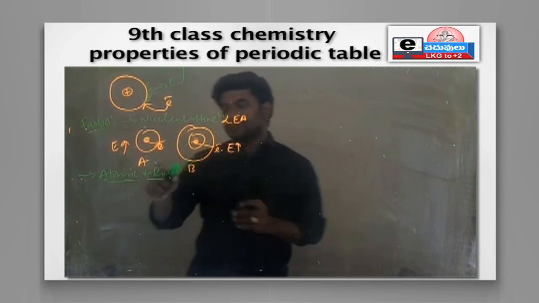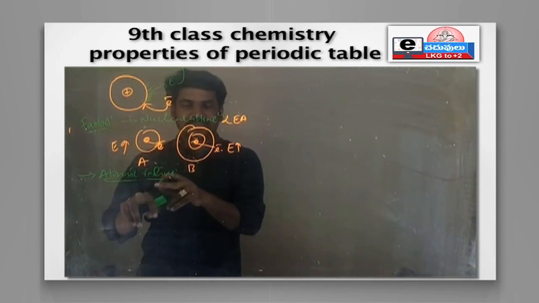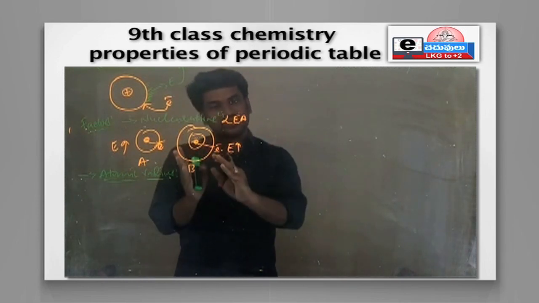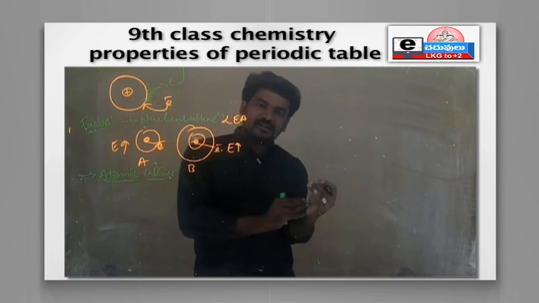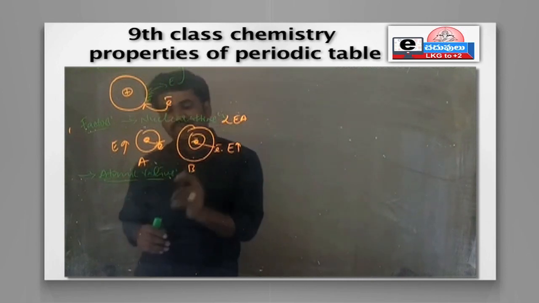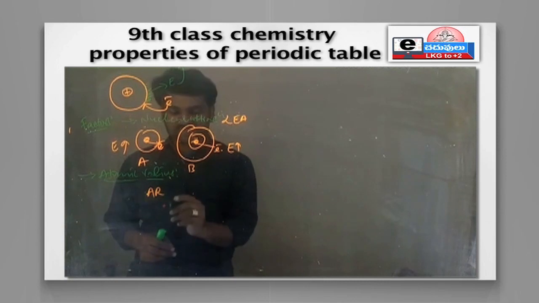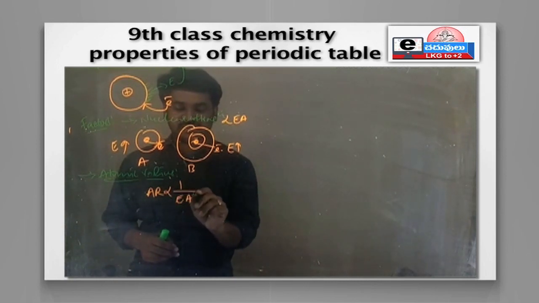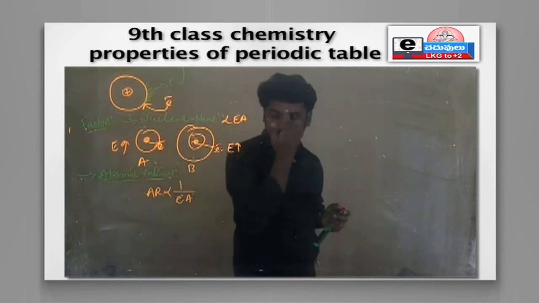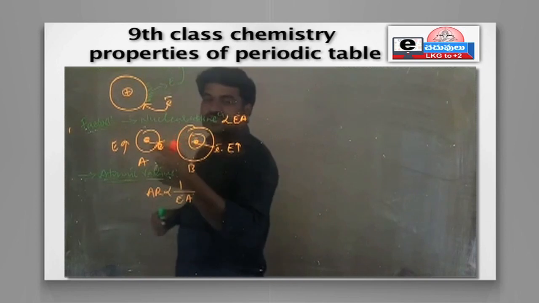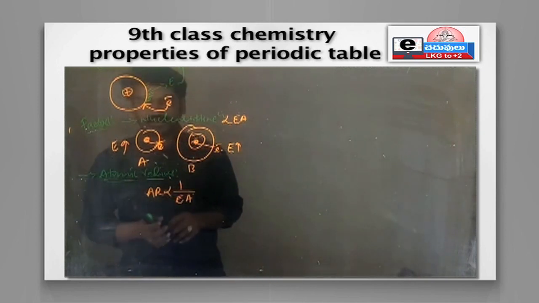That is, if the atomic radius is less, more electron affinity will be released. If the atomic radius is more, less electron affinity will be released. Now you can say that atomic radius is inversely proportional to the electron affinity, right? That is nuclear attraction and atomic radius.